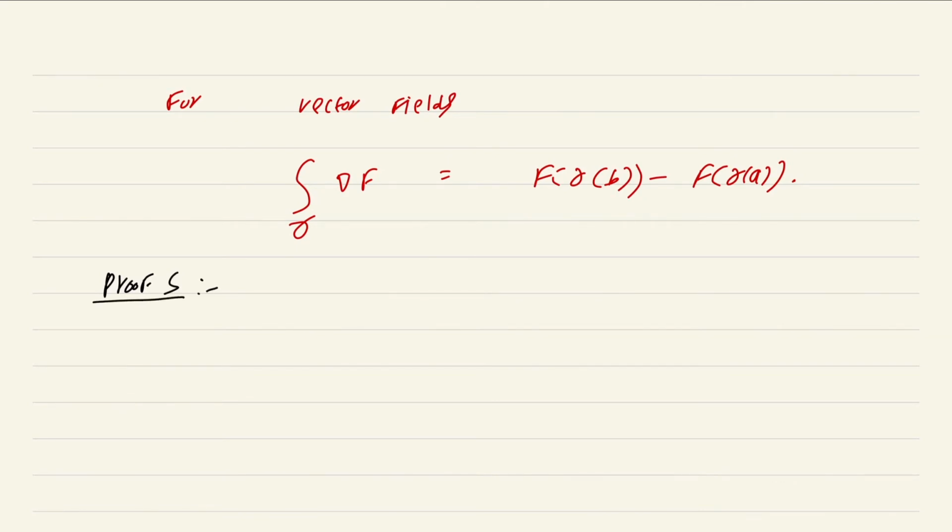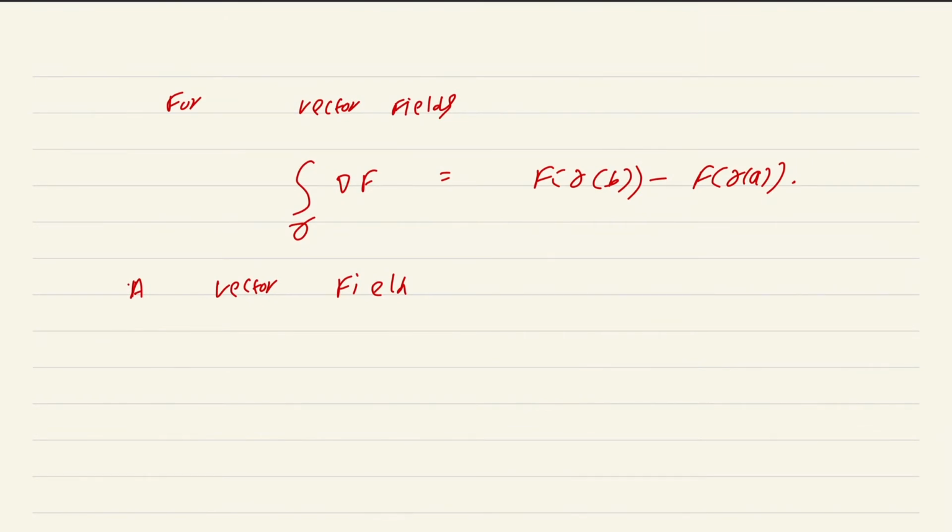To rephrase this, let me add it as part of the statement of the theorem because it's nice to highlight this: a vector field has a potential function only if it is conservative.